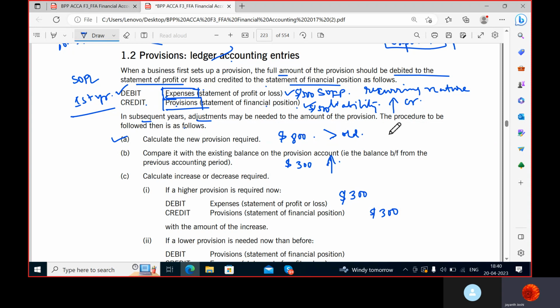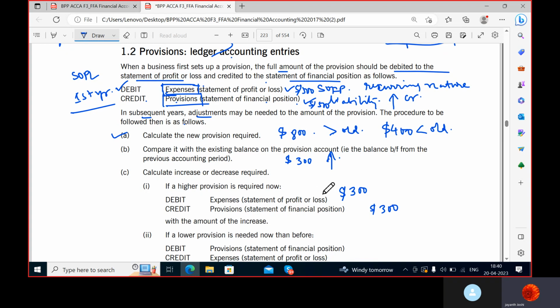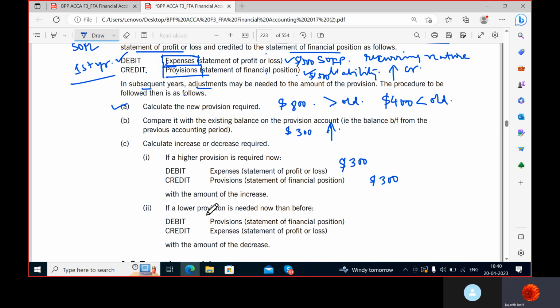Now suppose the new provision is say 400. So this is what? This is less than the old provision. So in that scenario, we'll pass a reverse entry. How? Debit provision by how much? Because our provision is decreasing by $100. Do you agree with me? Is it clear?